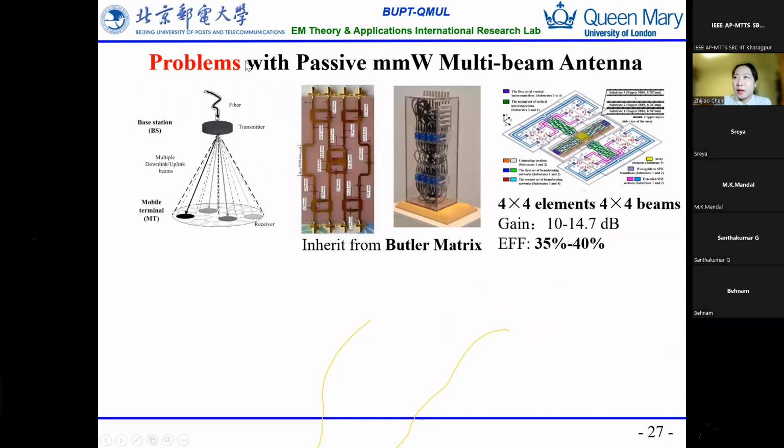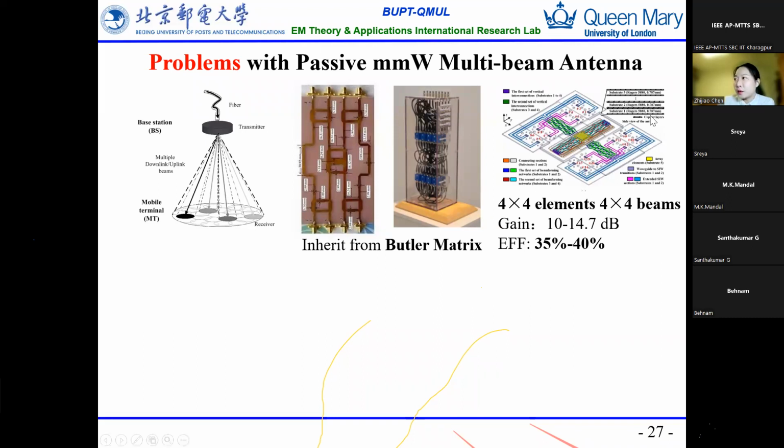Actually, there are some multi-beam antennas in mmWave, for example this one, and these antennas inherit from some traditional methods, for example the pattern matrix or the lens.